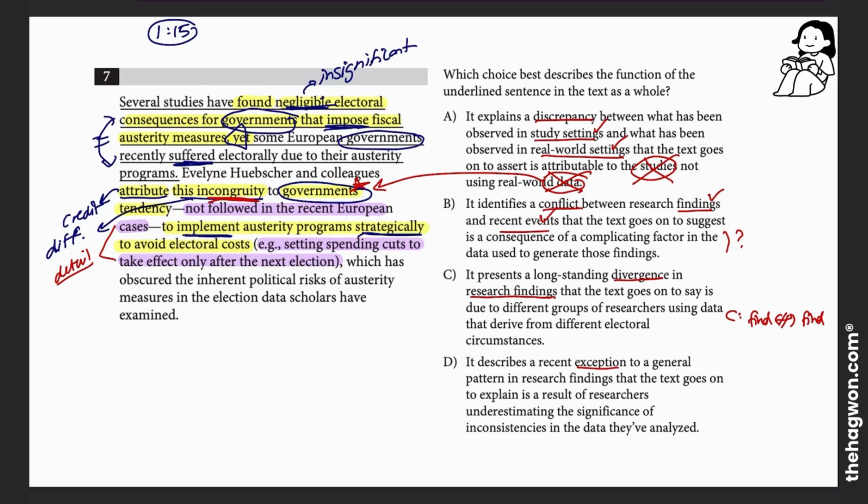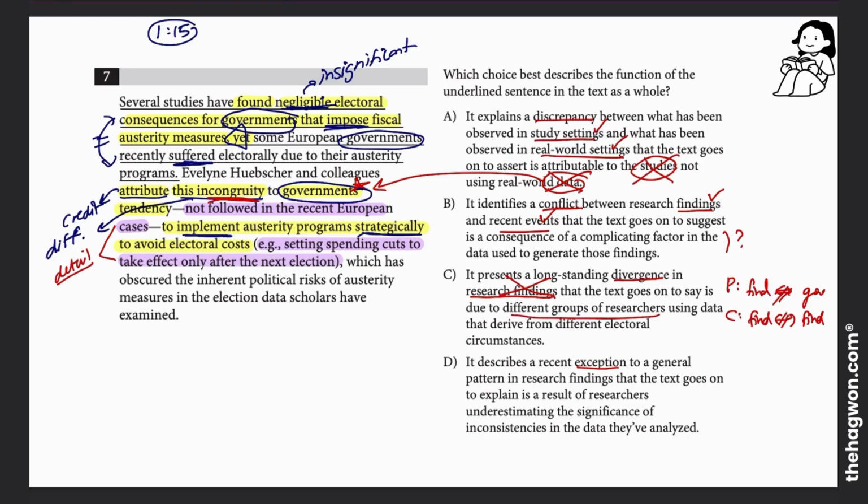But what the passage is saying, if we understood what we read correctly, is that what the findings have shown and what's actually going on in the government don't agree with each other. There's a divergence or difference there. So it's not between two different kinds of findings. So this is incorrect.